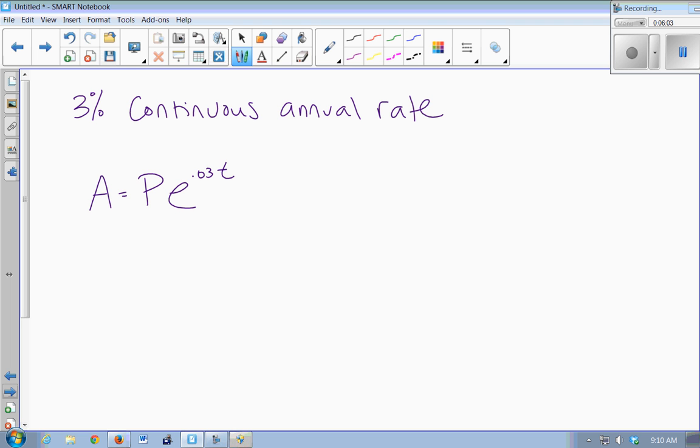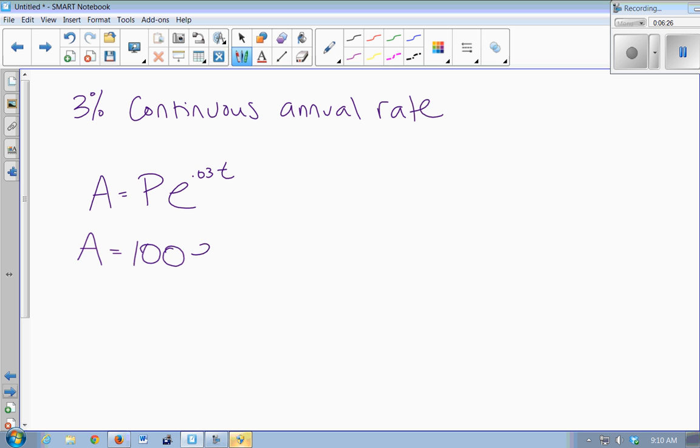All right, so if I would like to know the APY, or the effective annual rate, that is how much money does this bank account make over the course of 1 year? What is the percent gain, percent increase? So let's just pretend that we invest $100 into this account for 1 year.